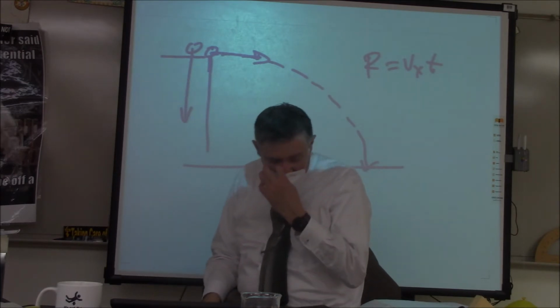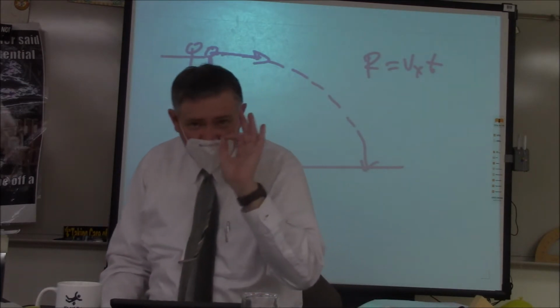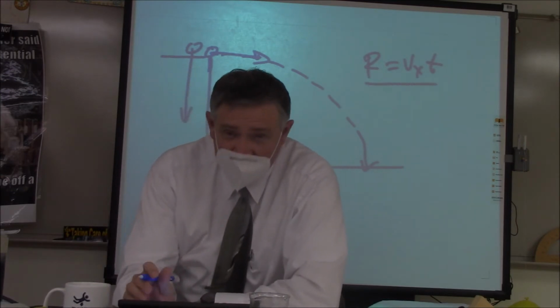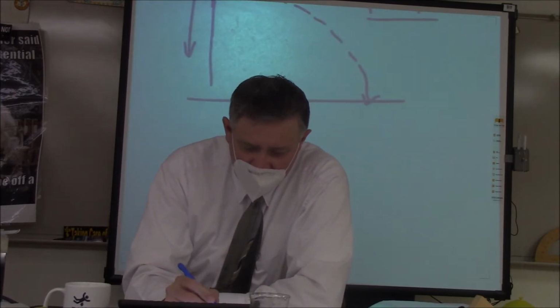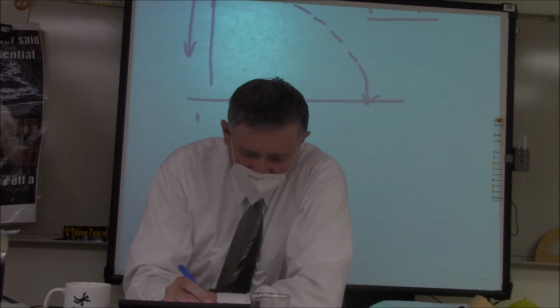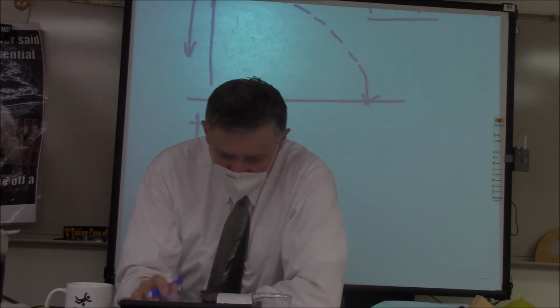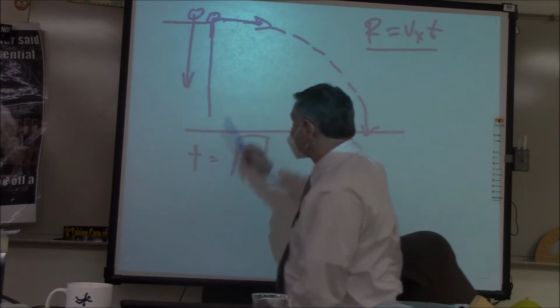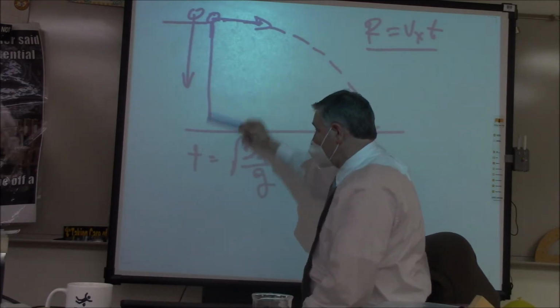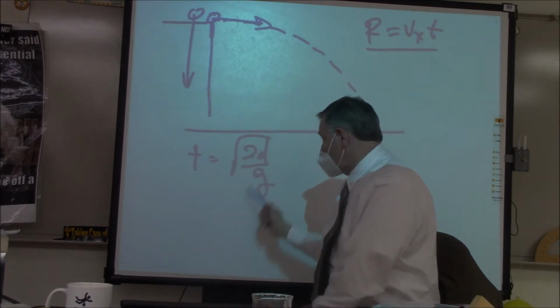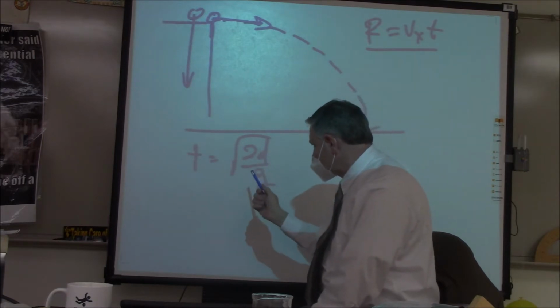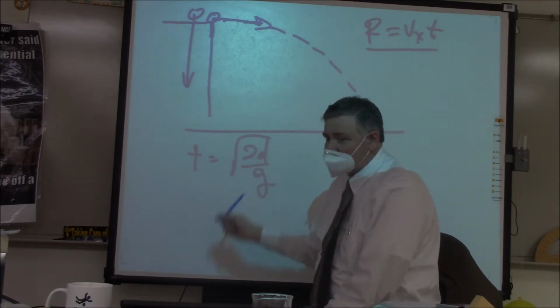So there's the big equations: this one on the horizontal, and then time equals the square root of 2d over g. The only thing that determines how long that ball is in the air is how far it falls and your gravitational acceleration.